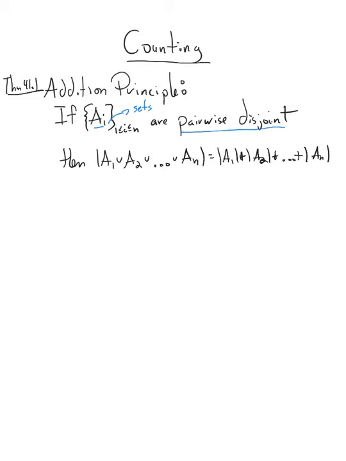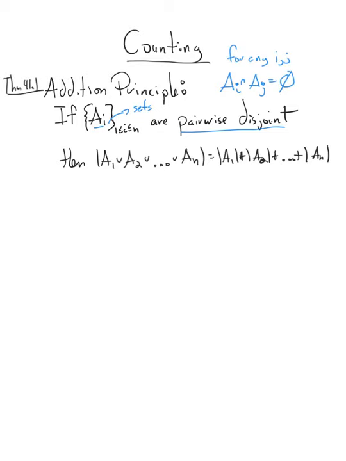So pairwise disjoint means take any two of them, say A_i and A_j, and if you take the intersection, there's nothing in there. And that's for any i and j. So take any two of them, there is no common element.